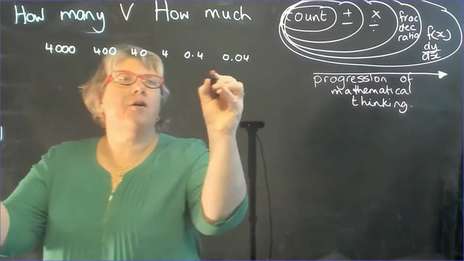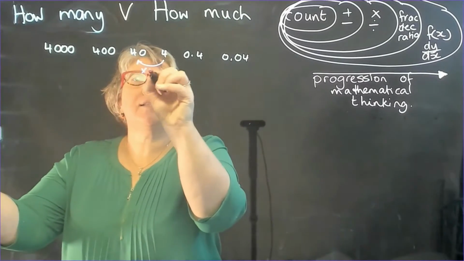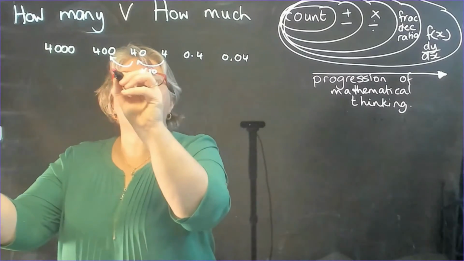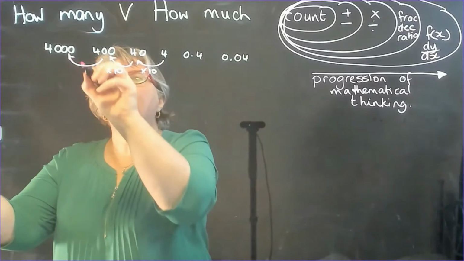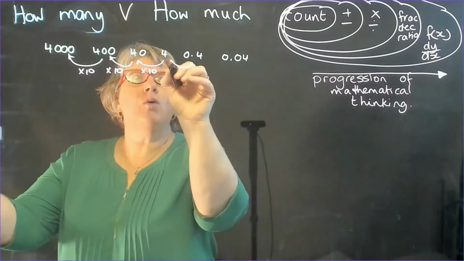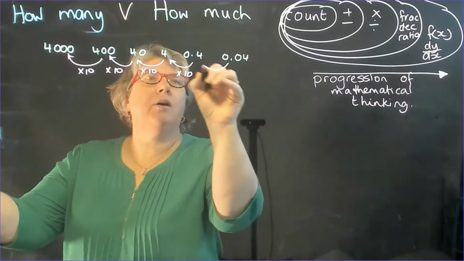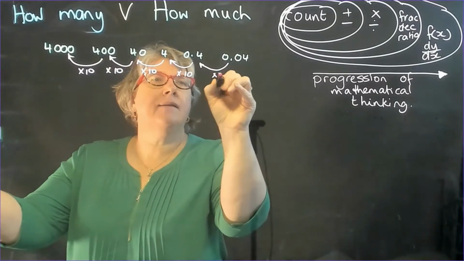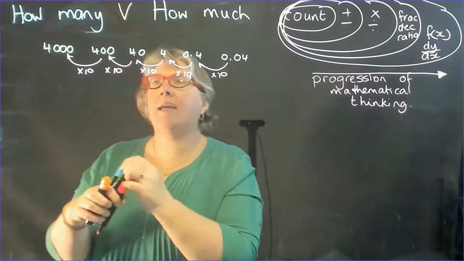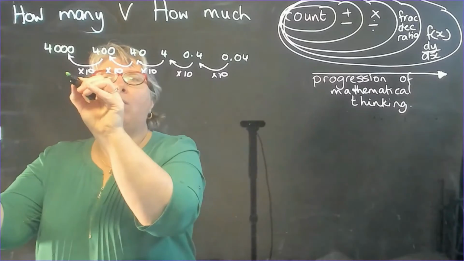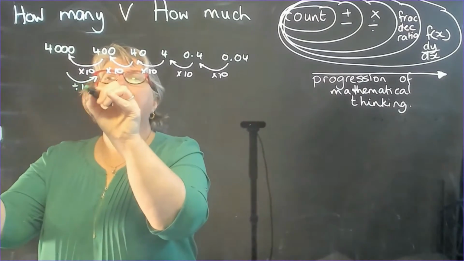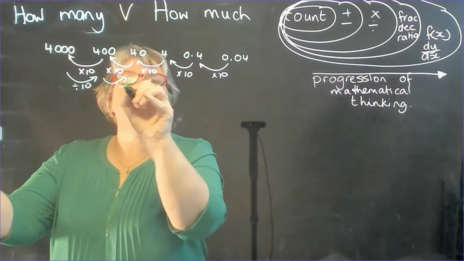The pattern in mathematics is with the multiplication and division in terms of place value. So to go from 4 to 40, it's times 10. To go from 40 to 400, it's times 10. These patterns are always about multiplying by 10, or I could say back the other way, I'm taking 1/10 of it. So you can say that that's a divide by 10.